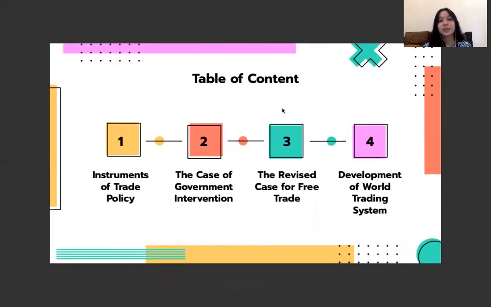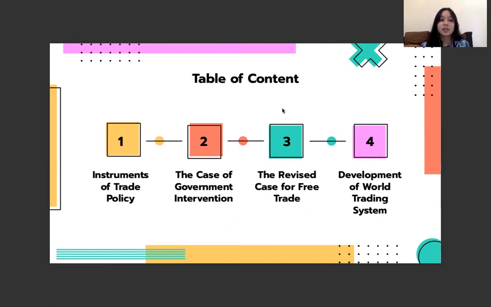To start the presentation, I'll briefly explain the points that we will discuss. We start by describing the range of policy instruments that governments use to intervene in international trade. Then it is followed by a detailed review of the various political and economic motives that governments have for intervention.